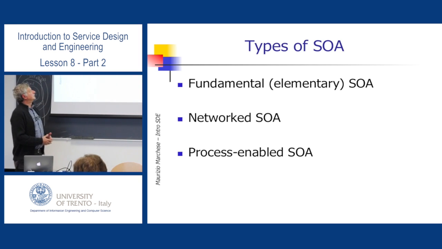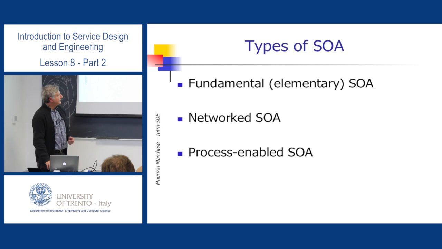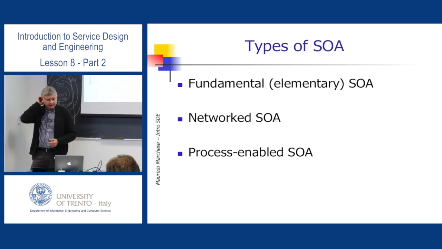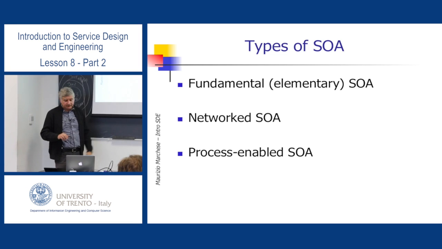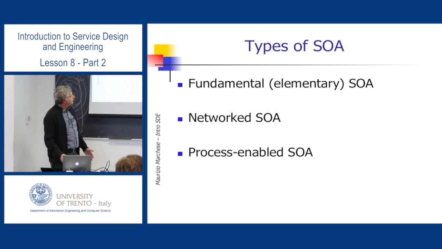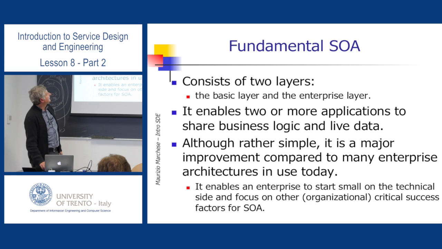You can do what is so-called fundamental and elementary SOA, network SOA, and process-enabled SOA. Our aim at the end of this course is to cover essentially all three of them and to give a final sample, which is a process-enabled SOA, to implement a process through service-oriented applications.